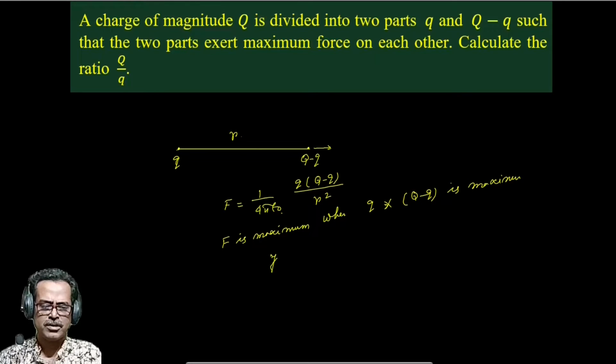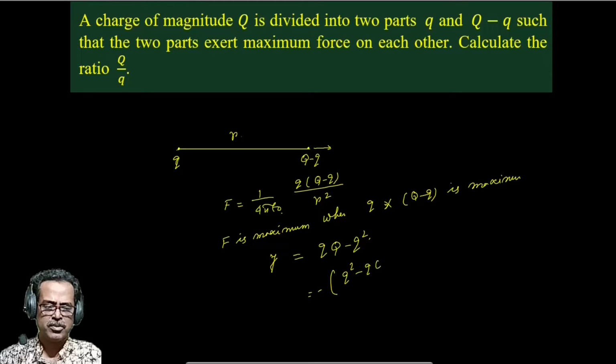Now suppose Y is equal to q into Q minus q. Now this can be written as minus q square plus Q into q, which is equal to minus q minus Q by 2 whole square plus Q square by 4.